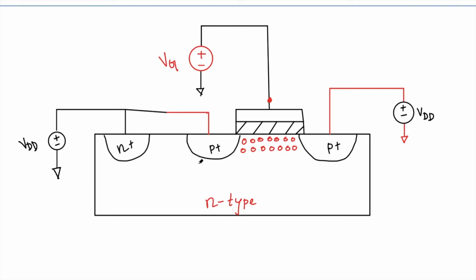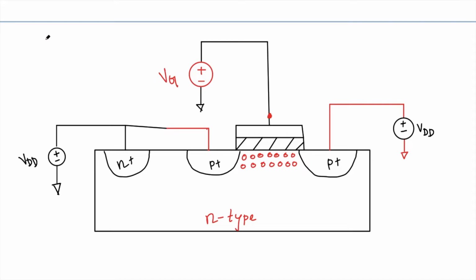Okay, so of course now this Vg is a positive voltage. Vg is greater than 0, but it is less than VDD. Okay, so now because this Vg is lesser, my VGS, gate to source, will now be negative.